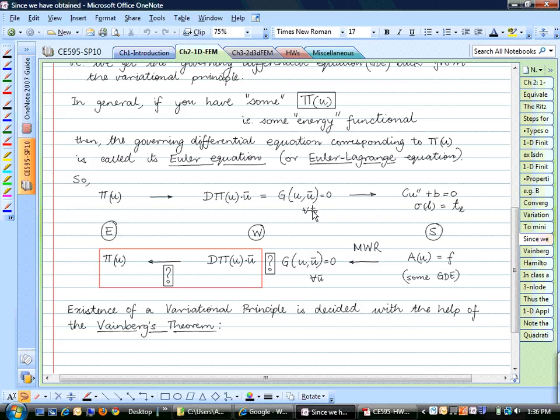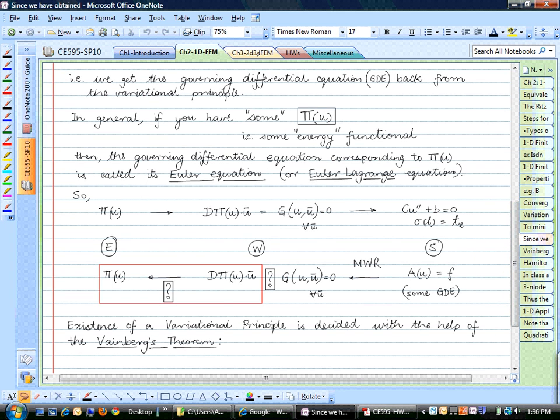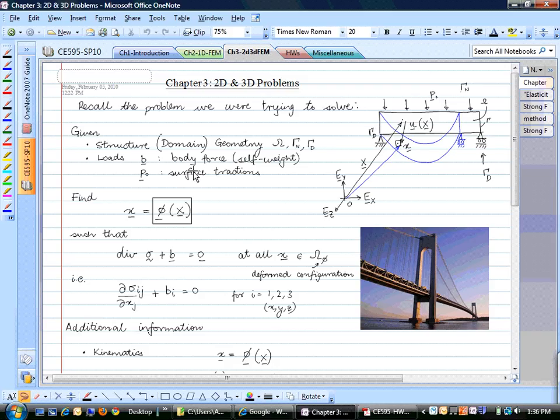All right, so we've developed all this machinery for one-dimensional problems. Now we're going to try to apply it to higher two-dimensional, three-dimensional problems. But even now, all we are concerned about are what are called continuum problems. So these are all continuum problems that we are dealing with till now. In general, after this chapter, we'll talk about beams and frames. So beams and frames and plates and all those are structural theories.